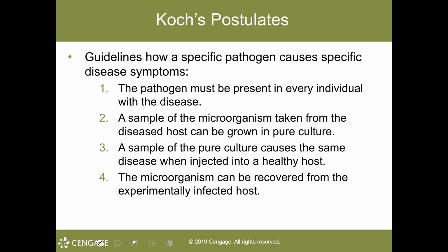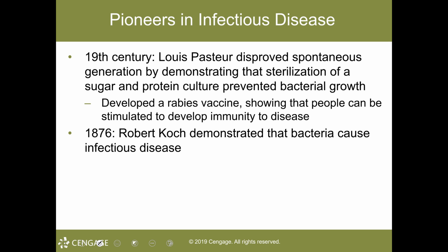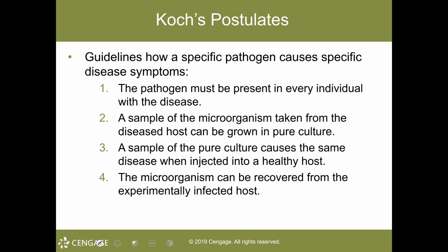We must have a sample of that microorganism taken from a diseased host that can be grown in pure culture, and then that sample of the pure culture causes the same disease when injected into a healthy host, and then ultimately that microorganism can be recovered from the experimentally infected host. So even what was developed back in the 1800s is still used today.